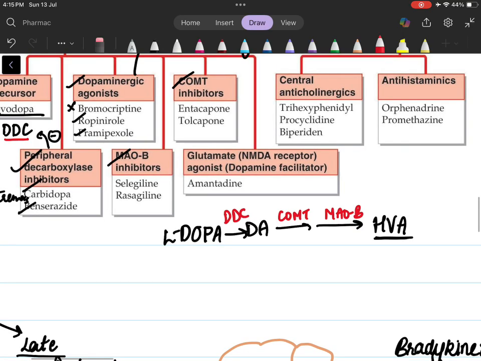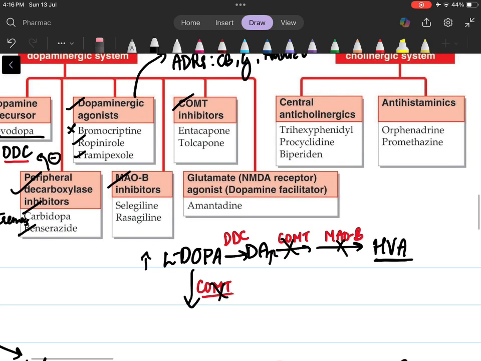Levodopa itself is broken down by catechol O-methyl transferase as well. Okay, you don't need to know much about this except what will happen if we inhibit COMT or if we inhibit MAO-B? We'll have more L-DOPA, we'll have more dopamine. So that is also another strategy that can be employed.